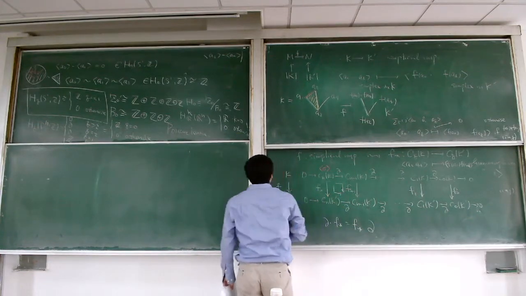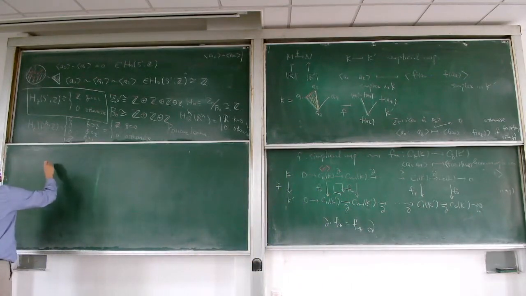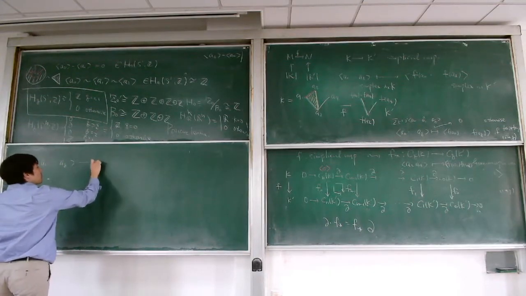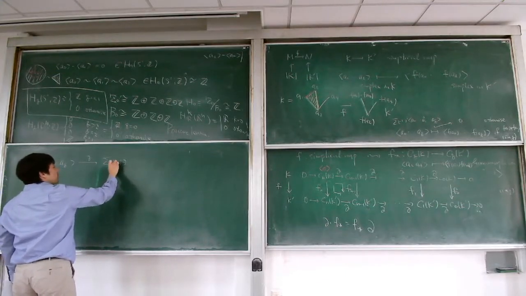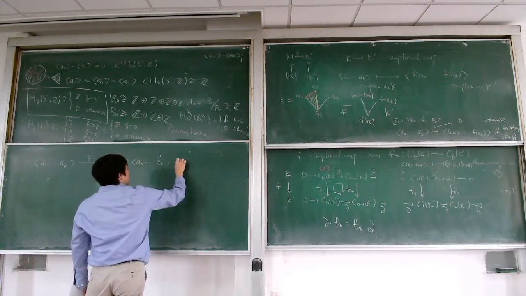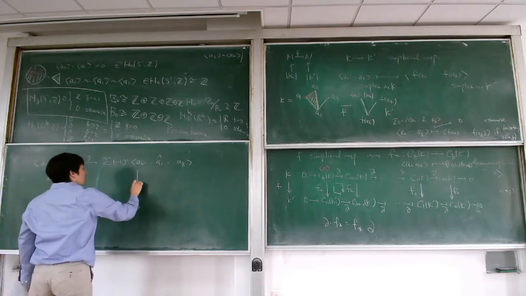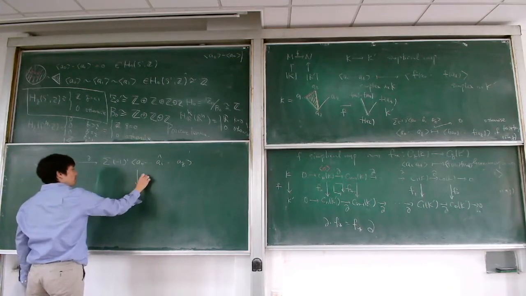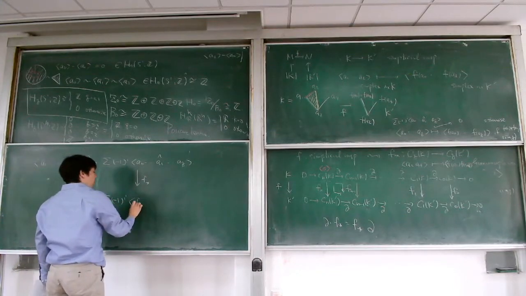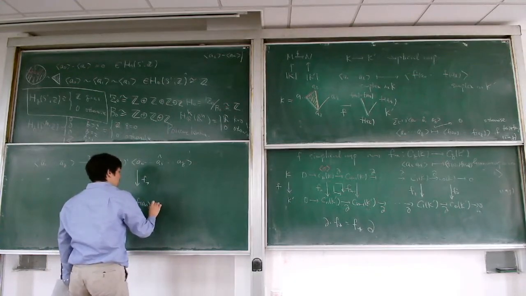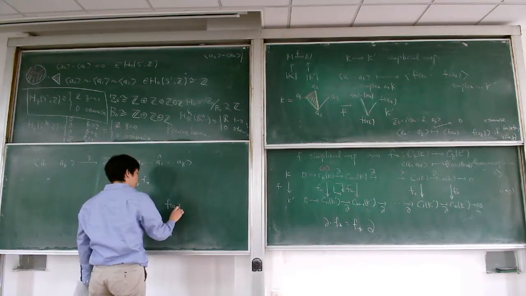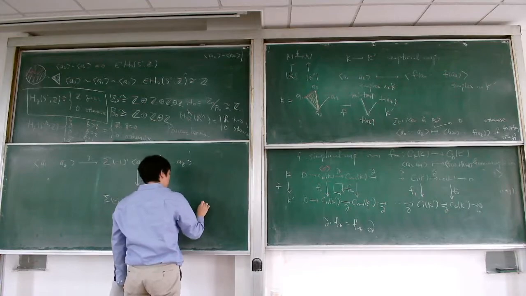Start with A0 through AQ, and the boundary map will produce (-1)^I times A0 through AI omitted through AQ, and then F star will induce (-1)^I times FA0 through FAI omitted through FAQ.